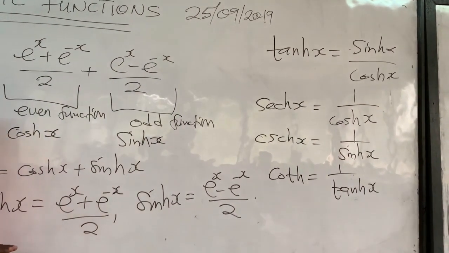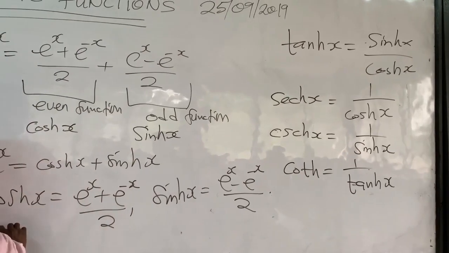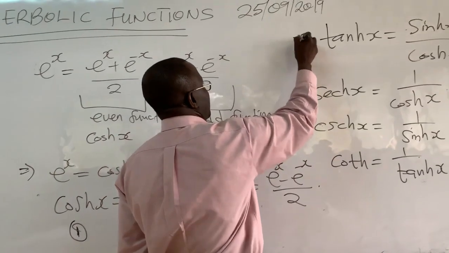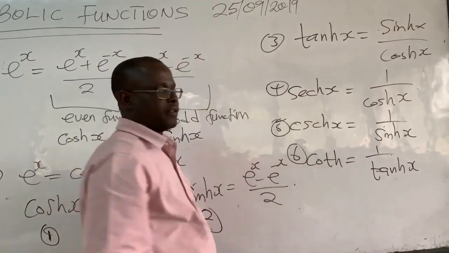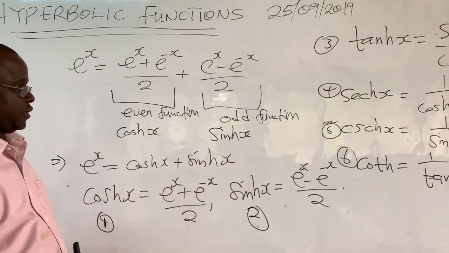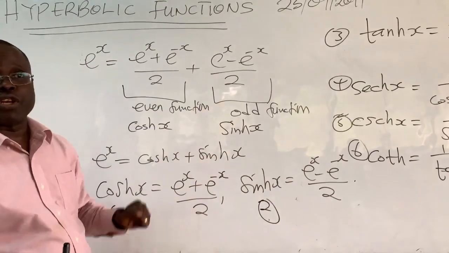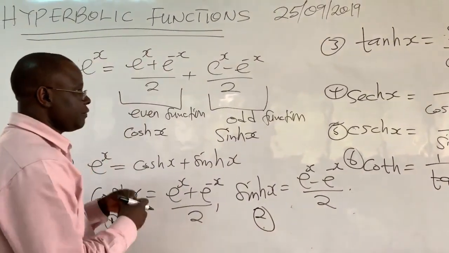So 6 hyperbolic functions that you need to be aware of. Number 1, 2, 3, 4, 5, 6. 6 functions that you should note. And of course, you can always rewrite all these functions in terms of the exponential function. That is what is neat about these functions.